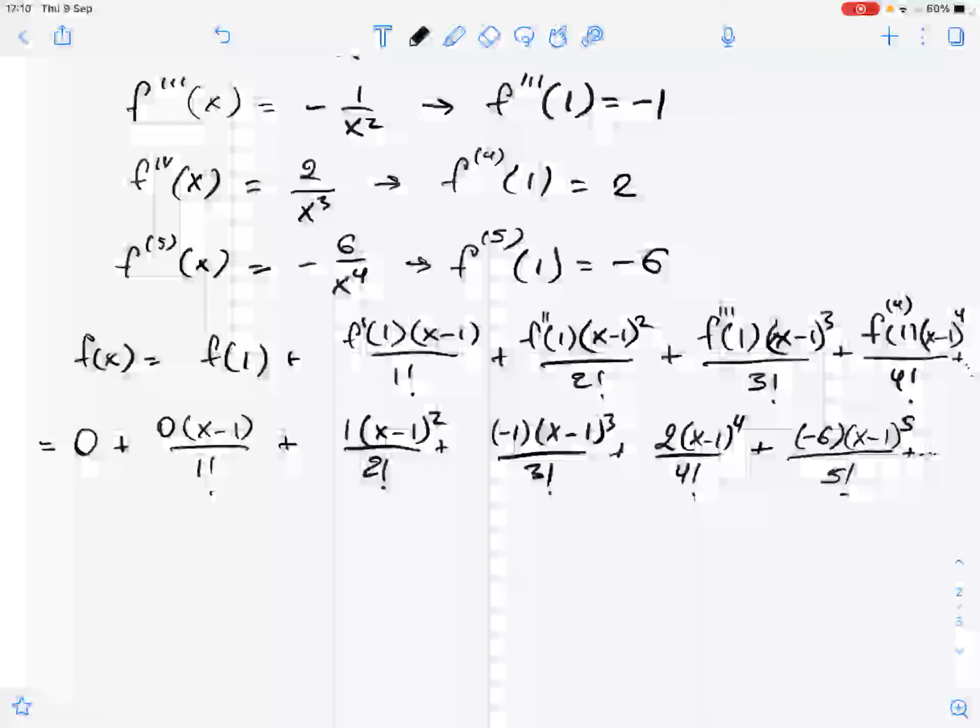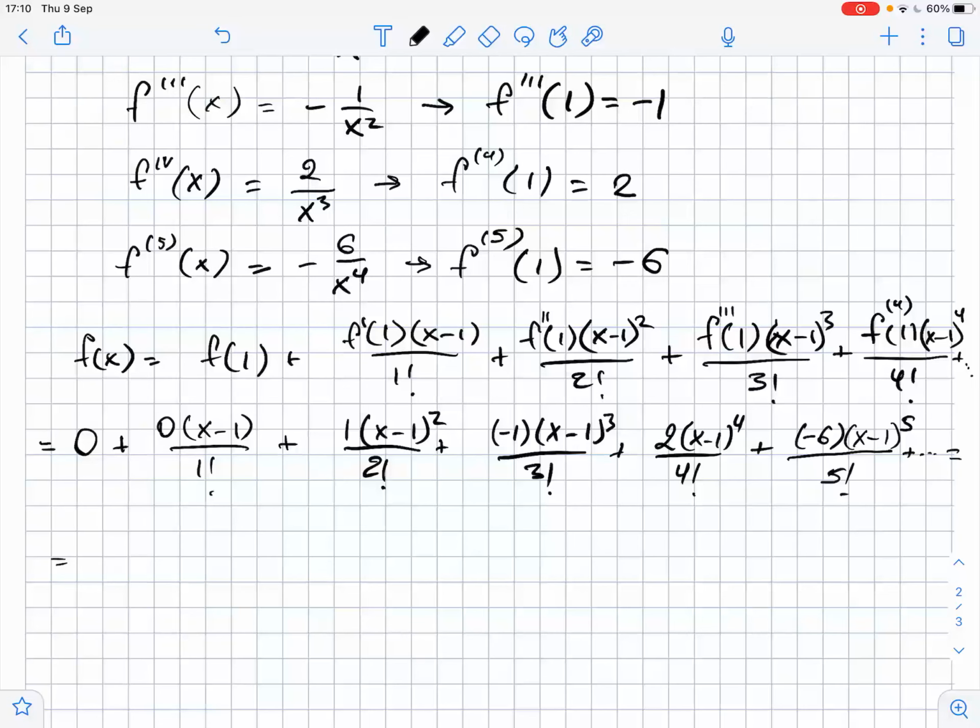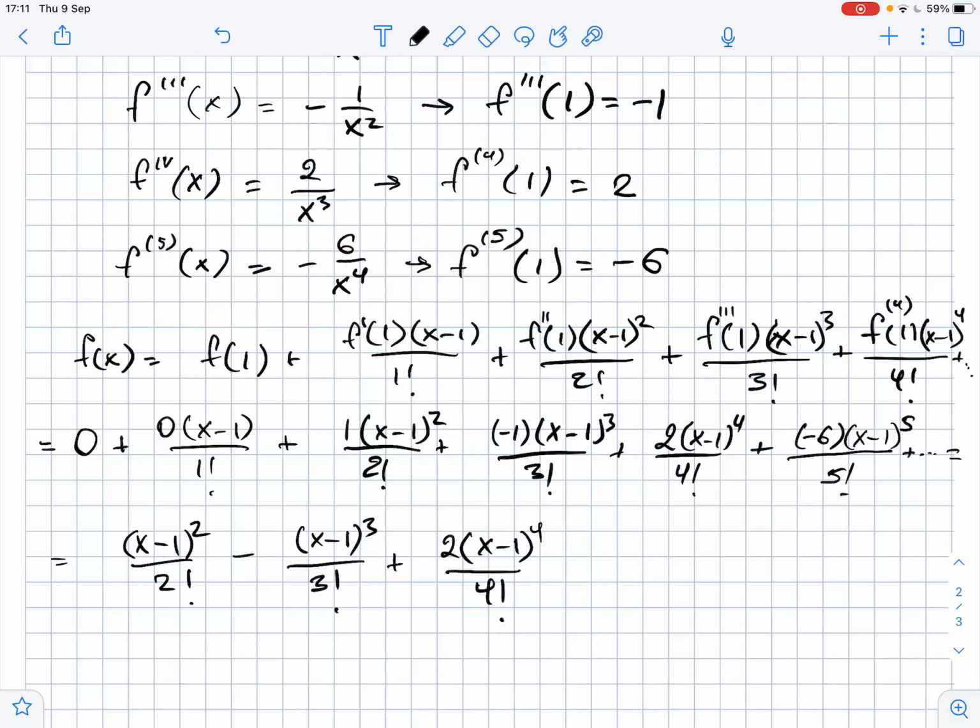Now let's simplify this a little bit. This equals 0 plus 0, then we have x minus 1 squared over 2 factorial, minus x minus 1 cubed over 3 factorial, plus 2 times x minus 1 to the 4th power over 4 factorial, minus 6 times x minus 1 to the 5th power over 5 factorial.